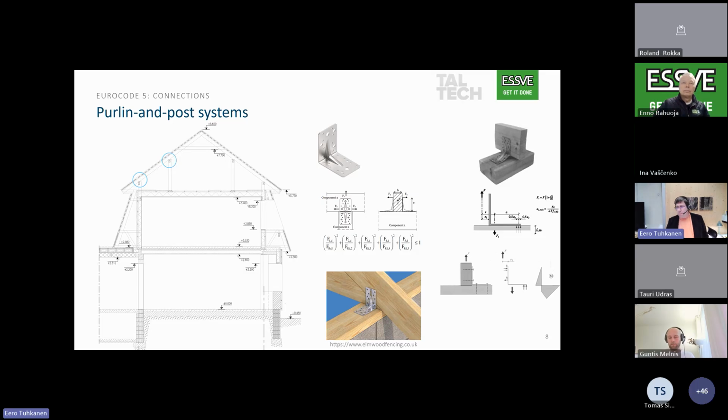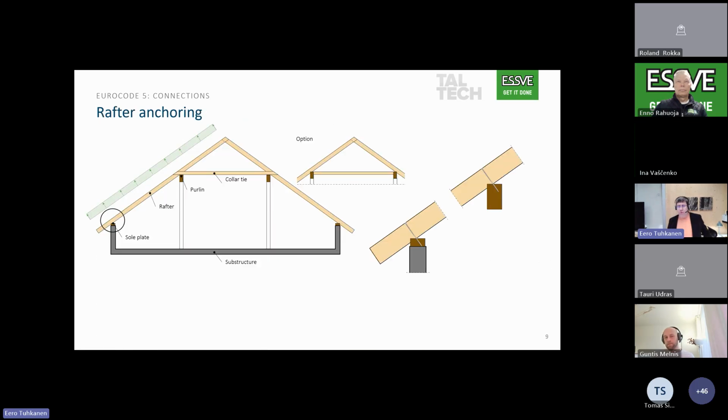So the other way around, how we can fix the rafter to the purlins or to the wall plates is a screw solution, and the screw solution is much easier.